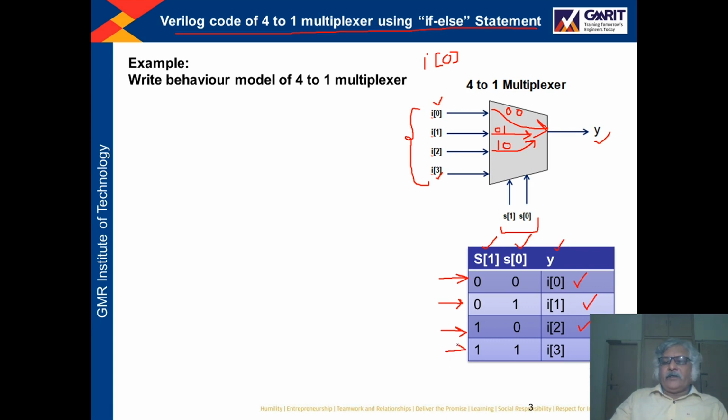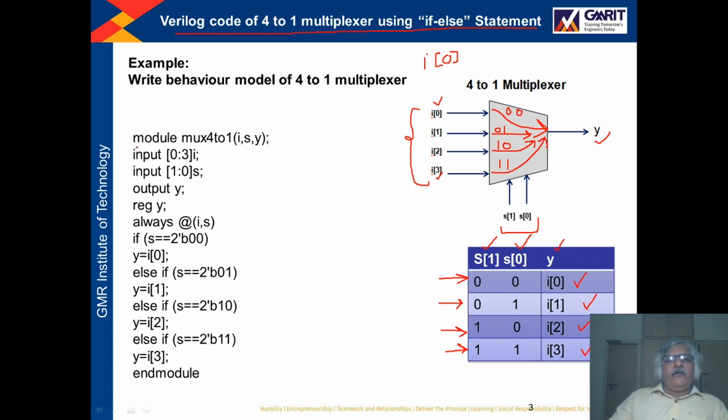And the last condition is, if S1 is 1 and S0 is 1, then the data which is available at the input I3 will be transferred to the output Y. So I3 value will be transferred to the output Y if S1 is 1 and S0 is 1, right? So this is the functionality.